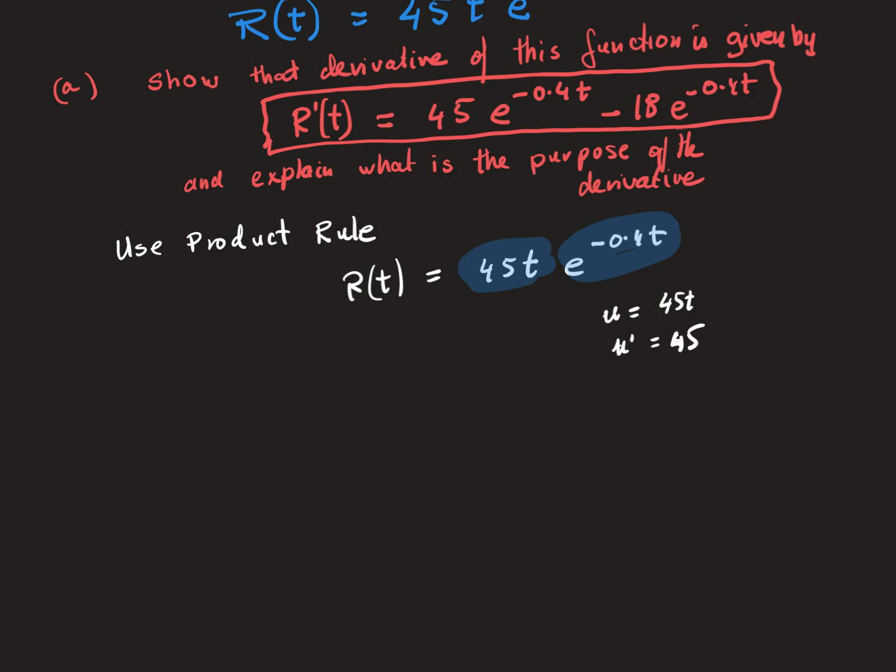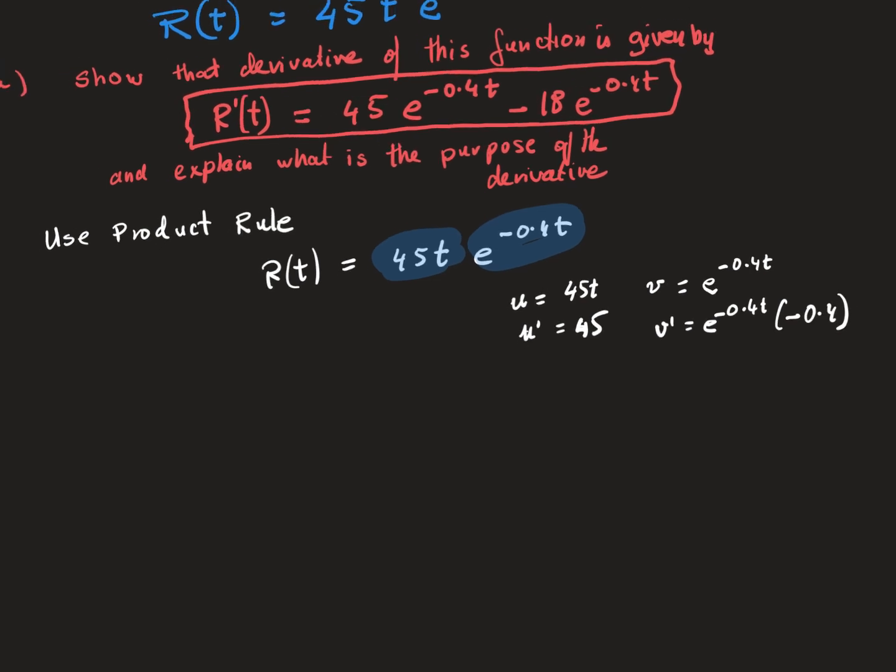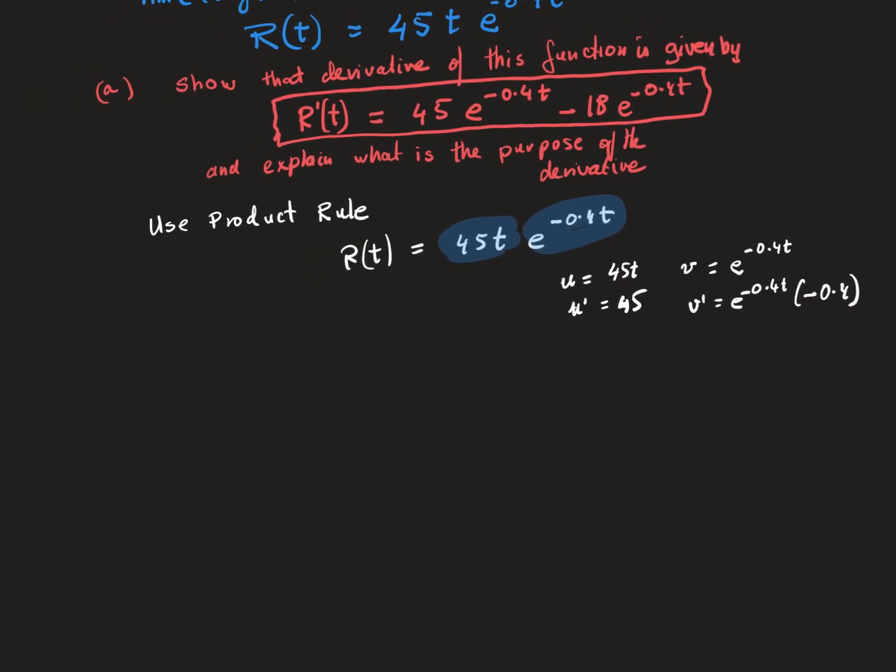We're okay with that, aren't we? Mm-hmm. And v is equal to e to the minus 0.4t, and v dash is equal to e to the minus 0.4t, which is going to have to be multiplied by minus 0.4. Okay? Now, having done that, usually do write this down, because I like to do that, and I think you do too, that we actually write u dash v plus u v dash.